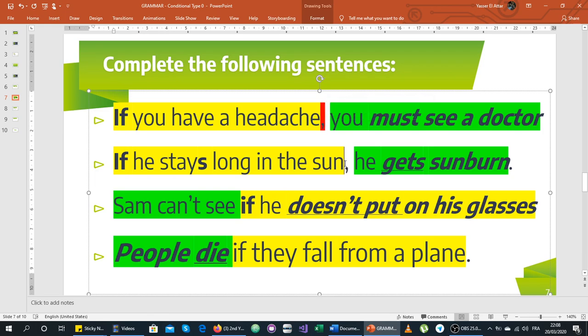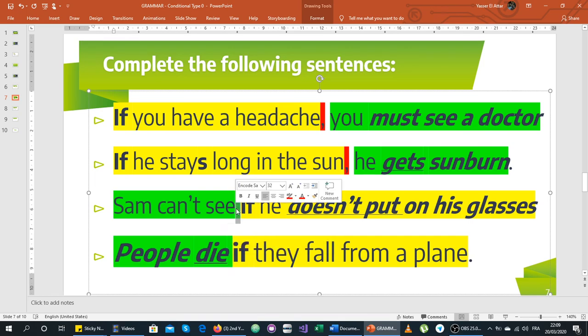So if we start with the if clause, if the if clause is at the beginning, then we need a comma. If the if clause is at the end, not at the beginning, then we don't need any comma. If you see here, there is no comma.